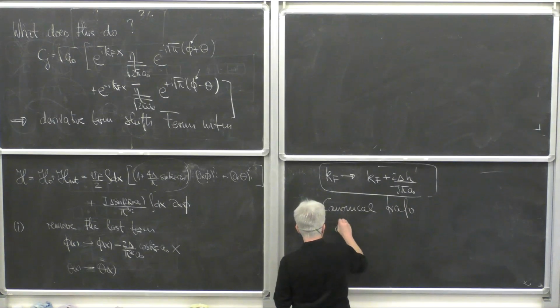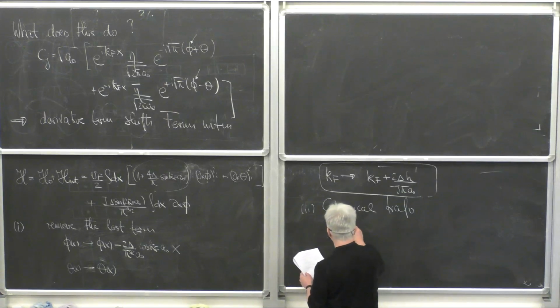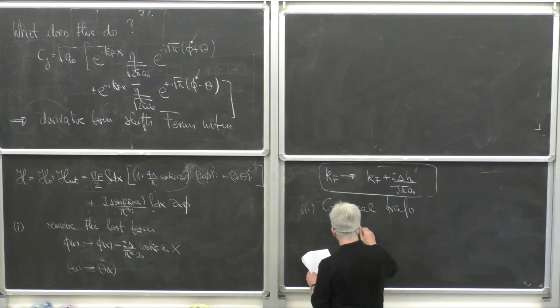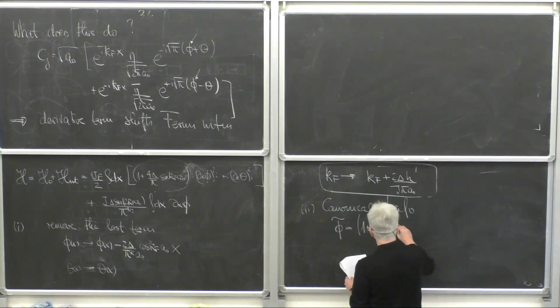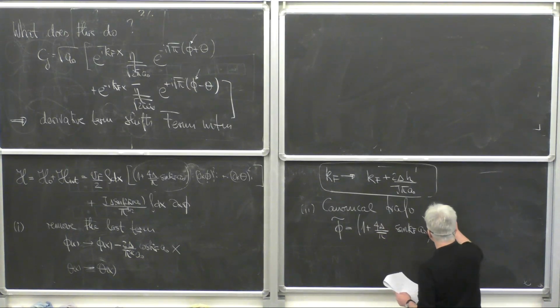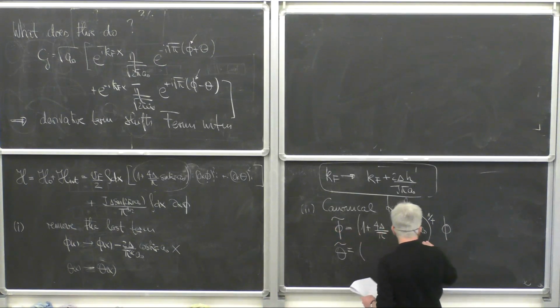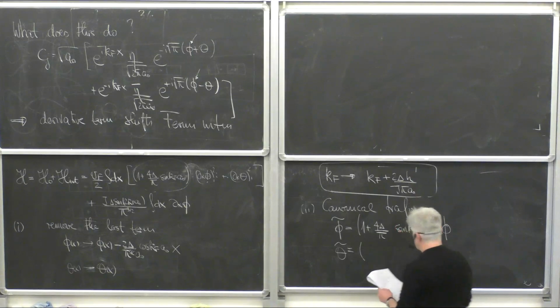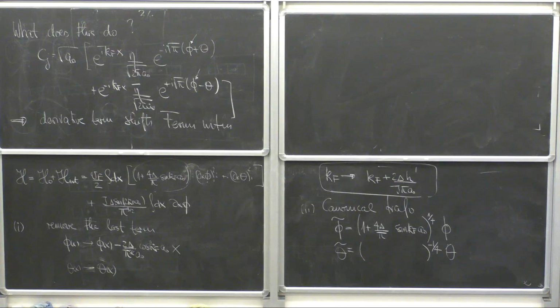So now I want to define a new field. Phi tilde is 1 plus 4 delta divided by pi sine kf a naught to the quarter, times phi, and theta tilde is the same with minus a quarter, times theta. You can check that this is a canonical transformation.